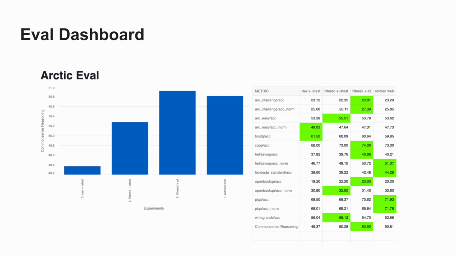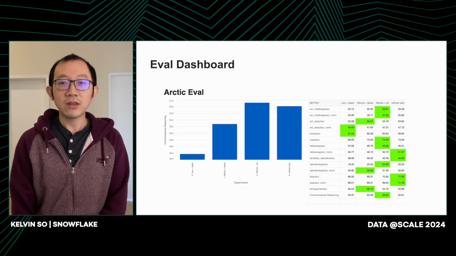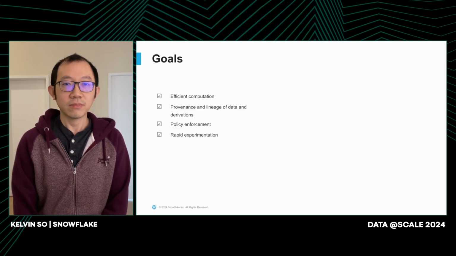In this screenshot, we ran 4 different data ablation runs. Each ablation run usually gives us many metrics, which you can see in the table on the right. And then we use the average of those metrics to plot a bar graph, which is shown on the left side. This can all be done within Streamlit.